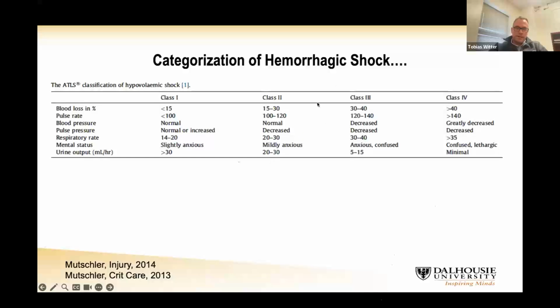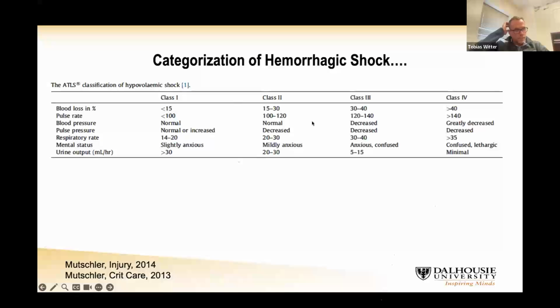Mental status, sometimes difficult to assess in these settings because many of these patients are intoxicated or under the influence of drugs. Urine output, in my opinion, not a good parameter, especially early on, because it takes a little bit of time to actually assess, and there could also be injuries to the urinary tract that prevent the patient from having urine output. So not sure how useful this classification is.